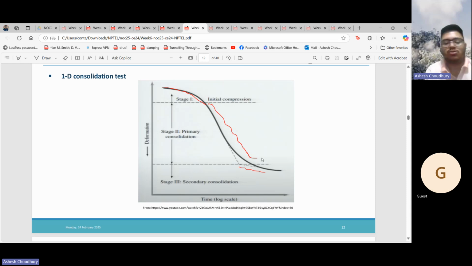For each loading, you increase the load: first you put 50 kg, you get one curve, then you put 100 kg and get another curve like this. So for each load increment in the one-dimensional consolidation test, you can get a curve of time versus deformation.